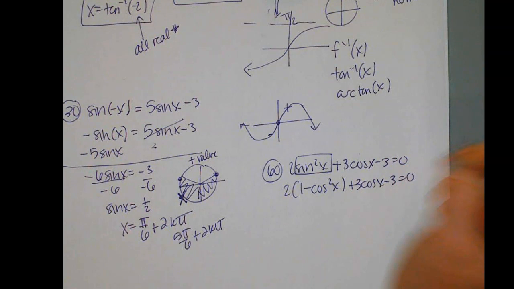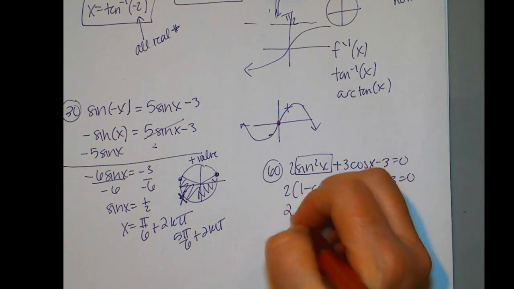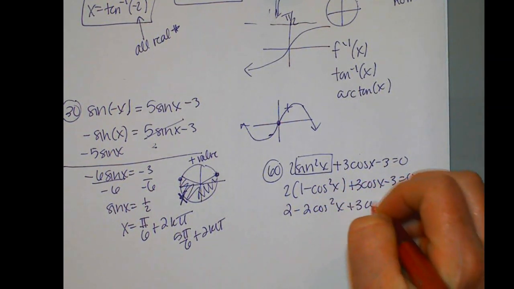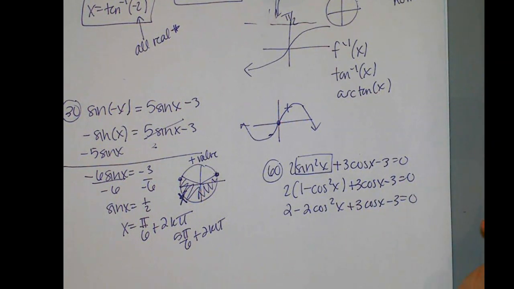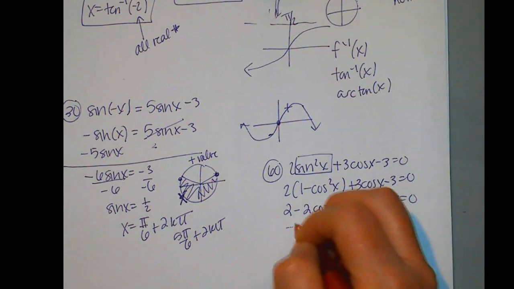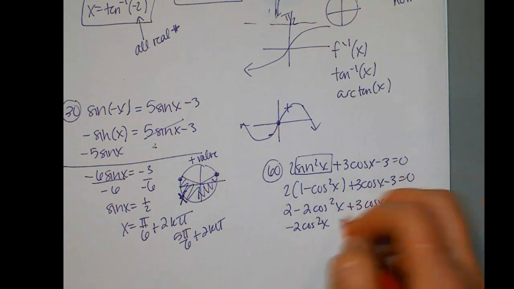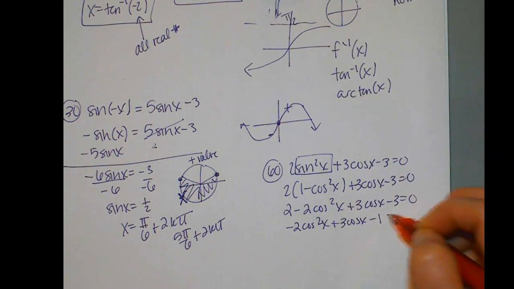And you have to do that so you're all in the same trig function. So now we have 2 minus 2 cosine squared x plus 3 cosine x minus 3. Negative 2 cosine squared x plus 3 cosine x, and then I've got minus 1, right?